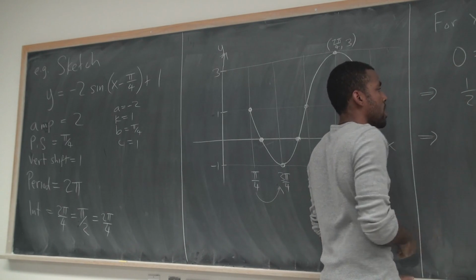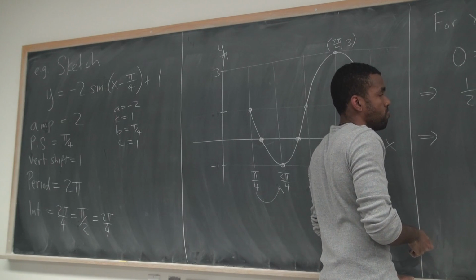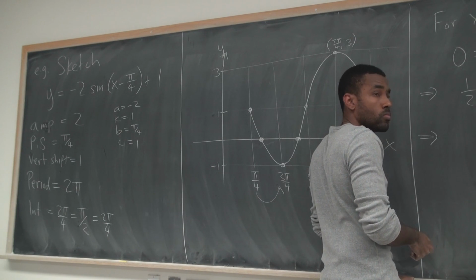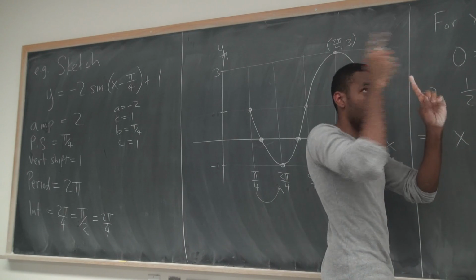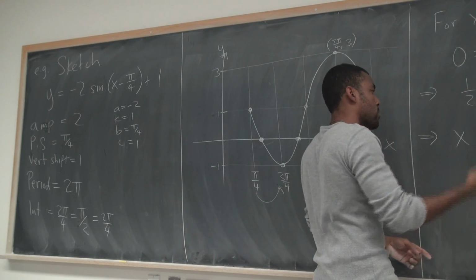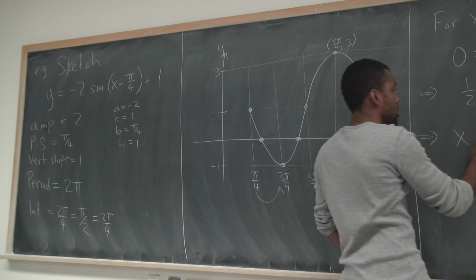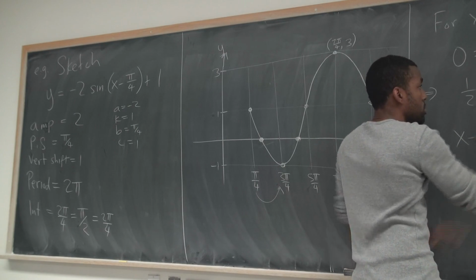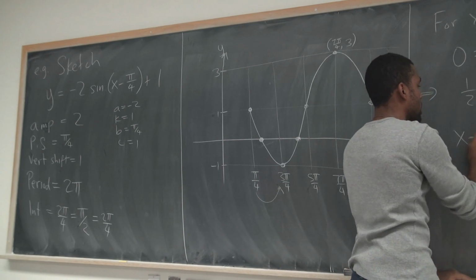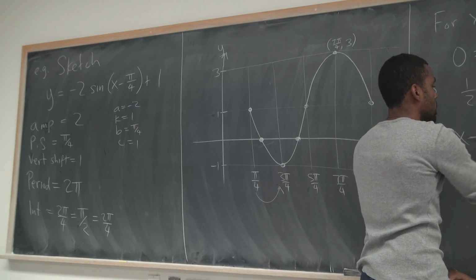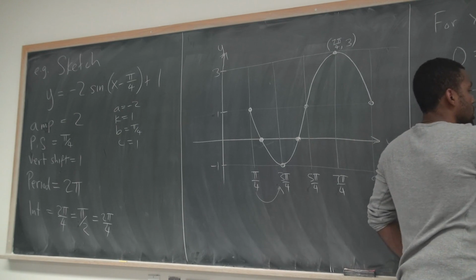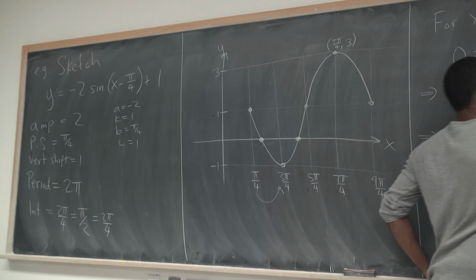Where does sine give you a half? Pi over 6. Right? Remember that table, the 1, 2, 3, 3, 2, 1. Half comes at the left end, so that's pi over 6. So this means the angle is pi over 6. So x minus pi over 4 is actually equal to pi over 6, plus of course 2k pi.